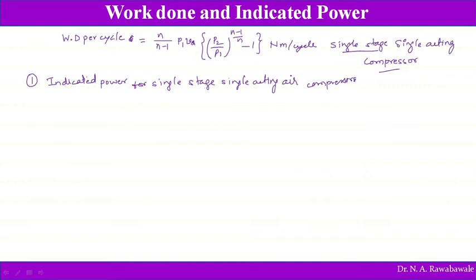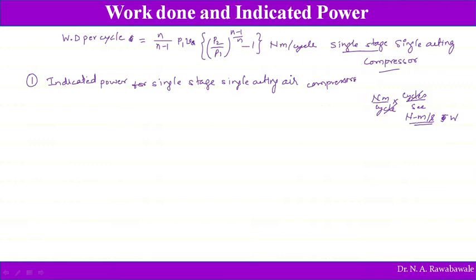So now just before that, if work done is given in Newton meter per cycle, if this Newton meter per cycle is multiplied by cycles per second, and cycle gets cancelled, Newton meter per second is nothing but joules, or we can call this as a watt.